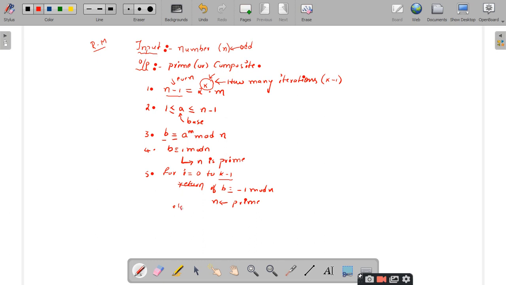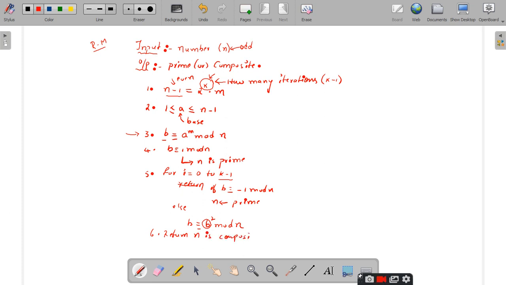Otherwise, we have to calculate a new value of B by making use of B square mod n. So this B is nothing but the value of B which we calculated in step 3. After this, if everything goes well, you will just return n is composite.